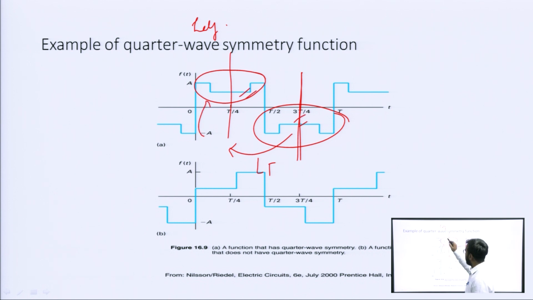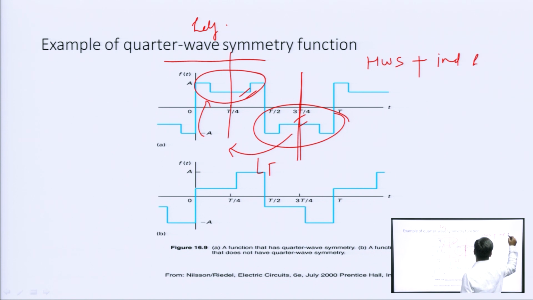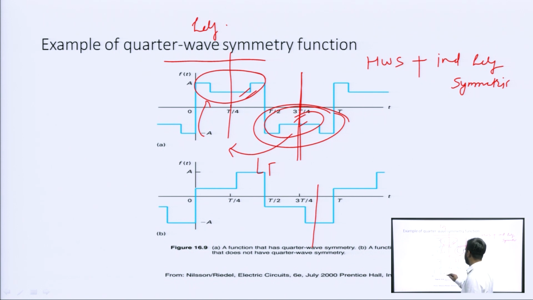So, quarter wave symmetric is half wave symmetric plus individual half symmetric. If you fold it like this, it will also be symmetric. So, this is basically an example of quarter wave symmetry.